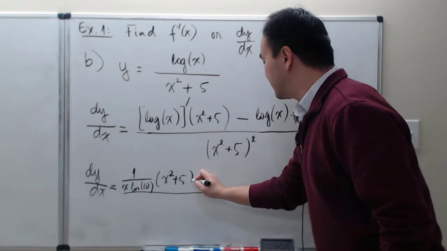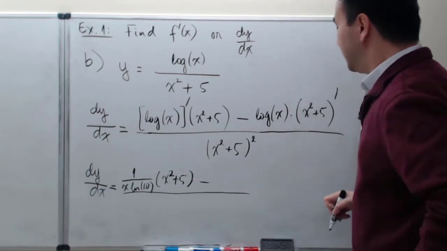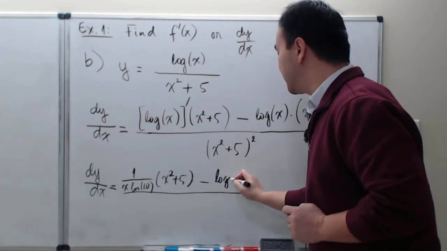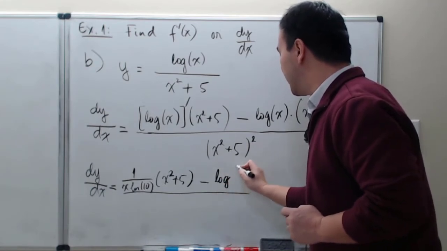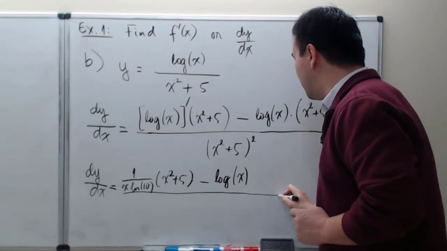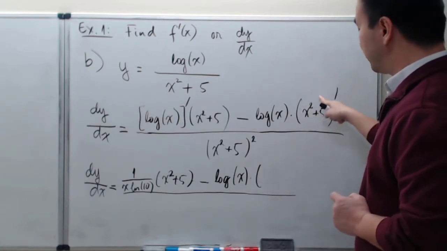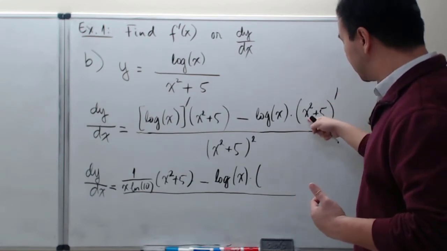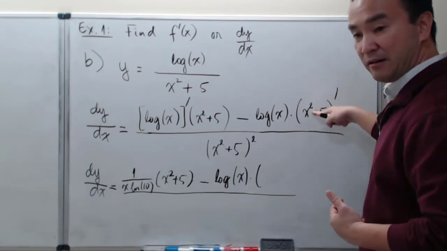And then now the quotient rule says we need to subtract, and now we're going to keep log base 10 of x the same, and need to multiply that with the derivative of x squared plus 5, which quickly we apply the sum rule and the power rule here.